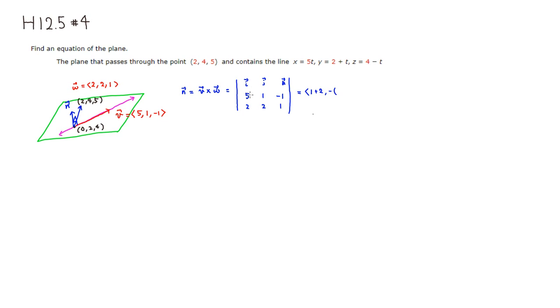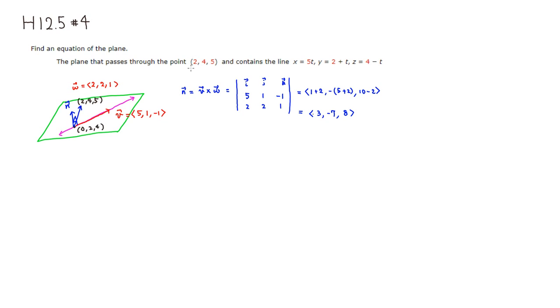Then minus, 5 times 1 is 5, minus -1 times 2, which is a plus 2. The last one is 10 minus 2. So you can see this vector is going to be (3, -7, 8).